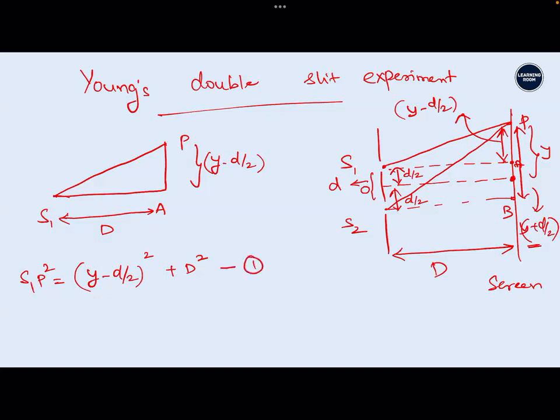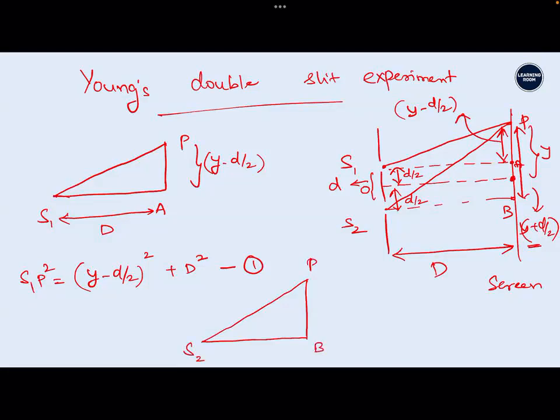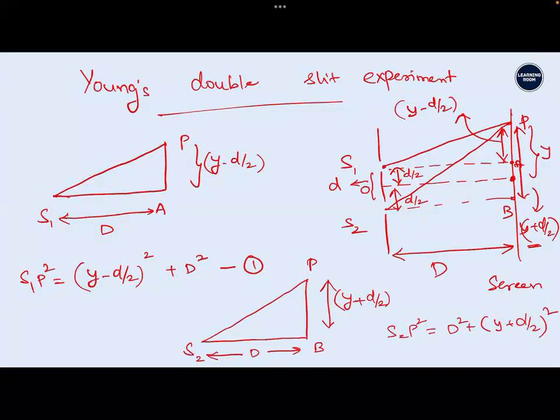Let this be equation number 1. Similarly, if I take S2P and this is B, this distance will be capital D, and this distance will be y plus d by 2. Then S2P square is D square plus y plus d by 2 the whole square. Is it right?